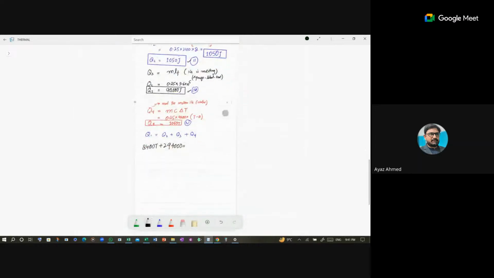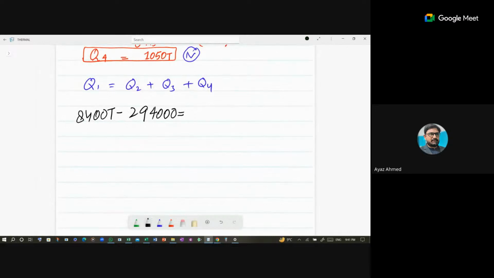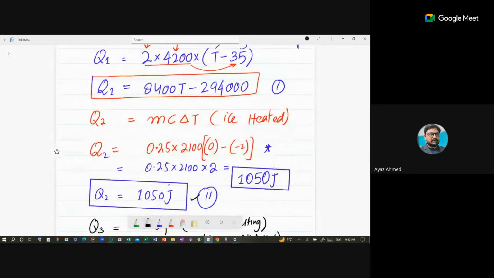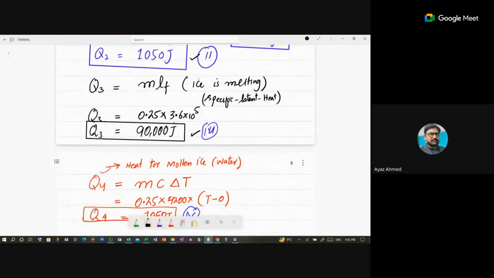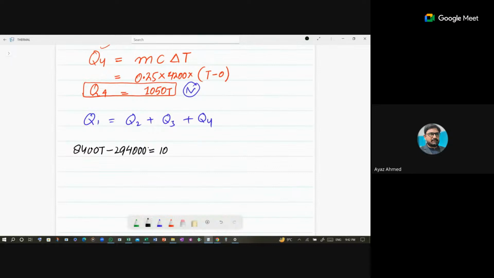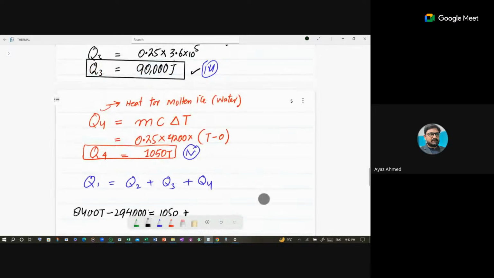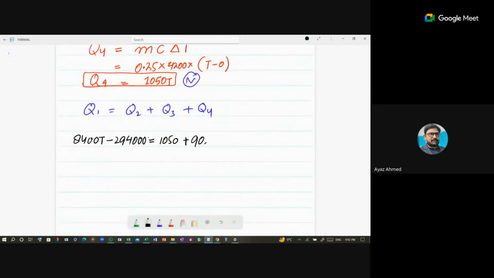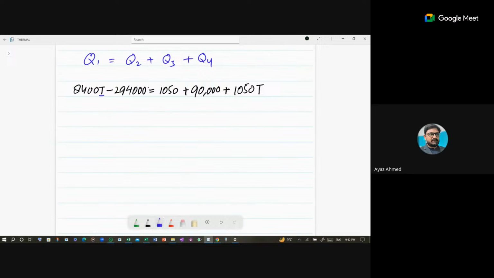Oh, wait. हाँ, माइनस सॉरी, बिकॉज यहाँ पे अगर मैं प्लस लगा देता हूँ तो it would be gone. 8400T minus 294000. 8400T प्लस 24294 ओके. अब Q2 मेरे पास कितना है? 1050. सो हियर इट इज 1050 plus Q3 is 90,000, plus Q4 is 1050 with T.